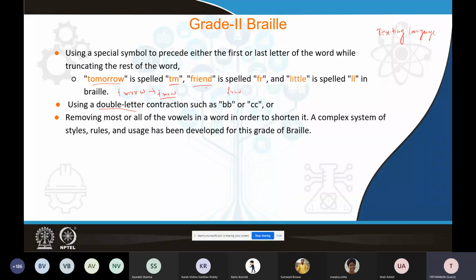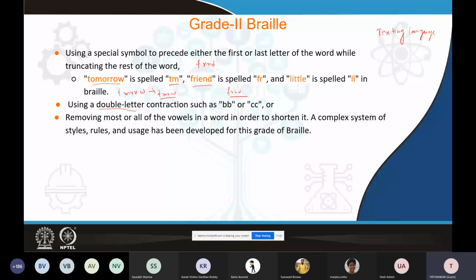Similarly, if you consider the word friend, just remove all the vowels, so we are getting F, R, N, and D. So friend, which I initially wrote without looking at what vowels there are in friend. So these are some of the typical rules that we follow, and typically these rules are also incorporated for Braille contractions.